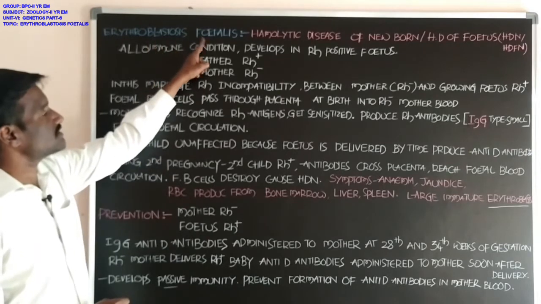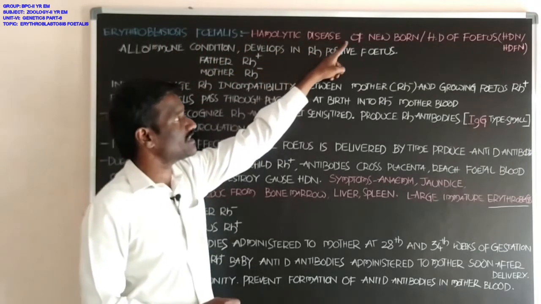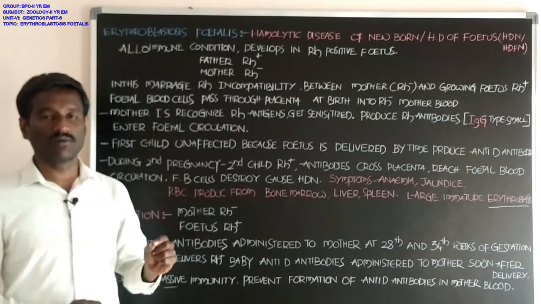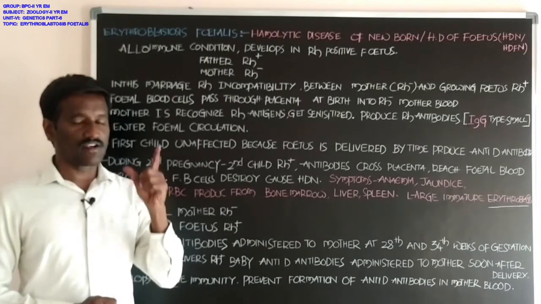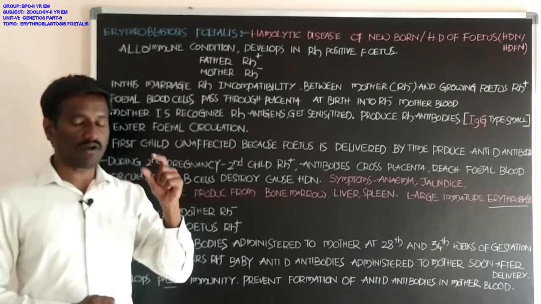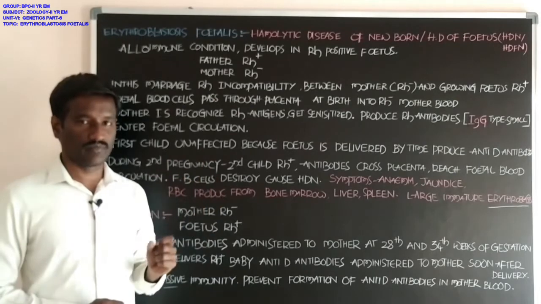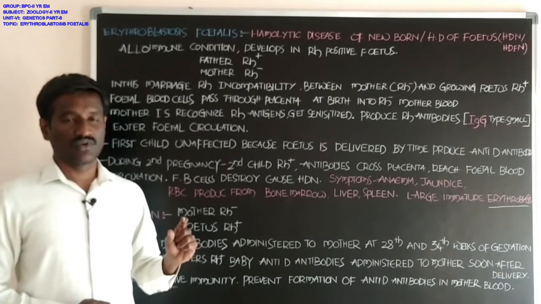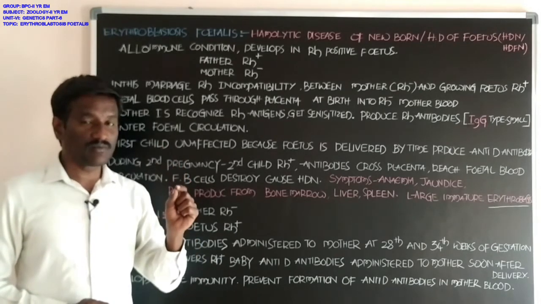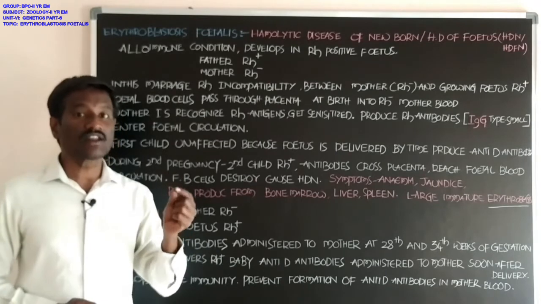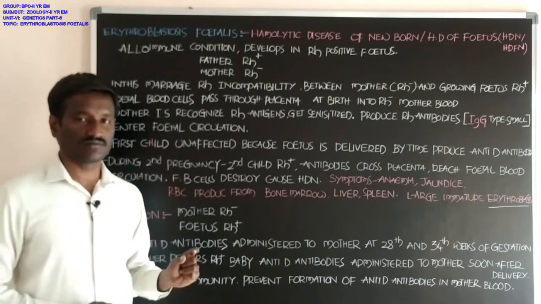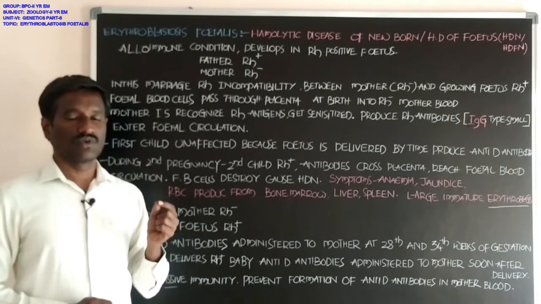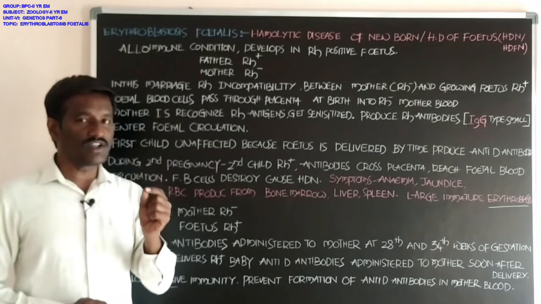Students, erythroblastosis foetalis is also called hemolytic disease of newborn. If you observe O negative, these individuals are called universal donors because of the absence of all types of antigens. The Rh antigen is also absent in these individuals.